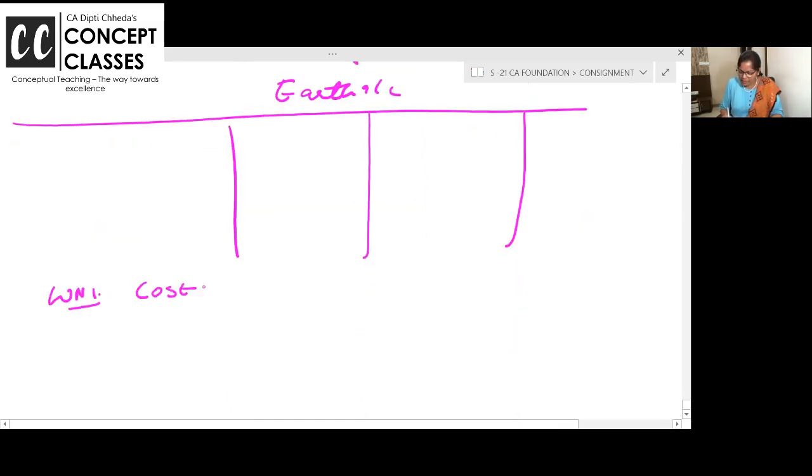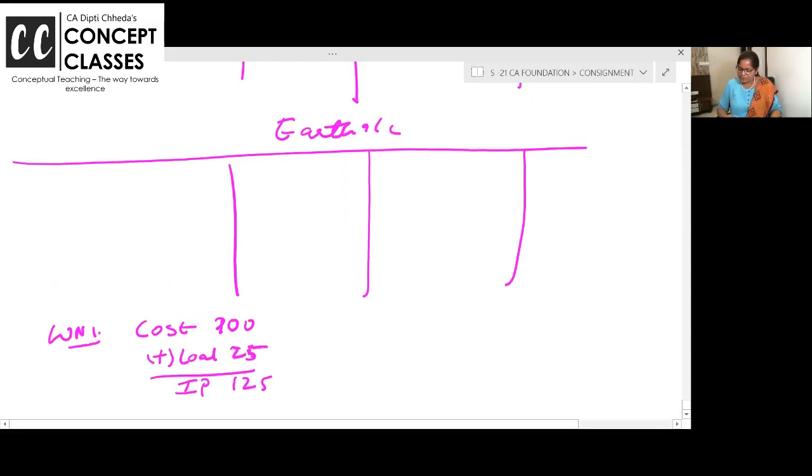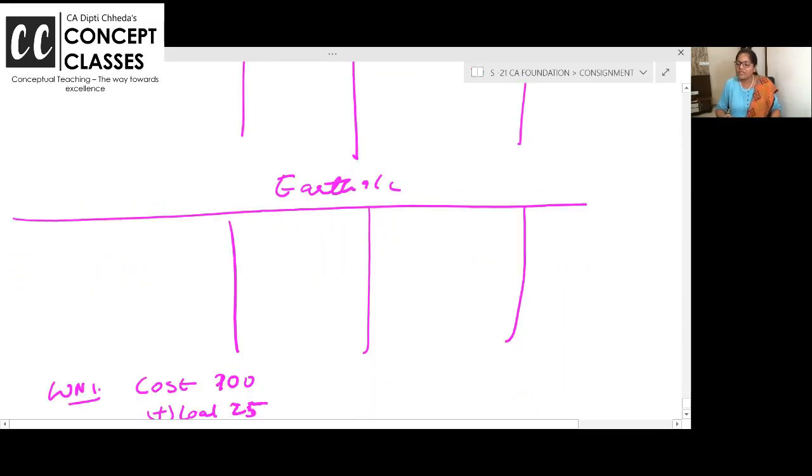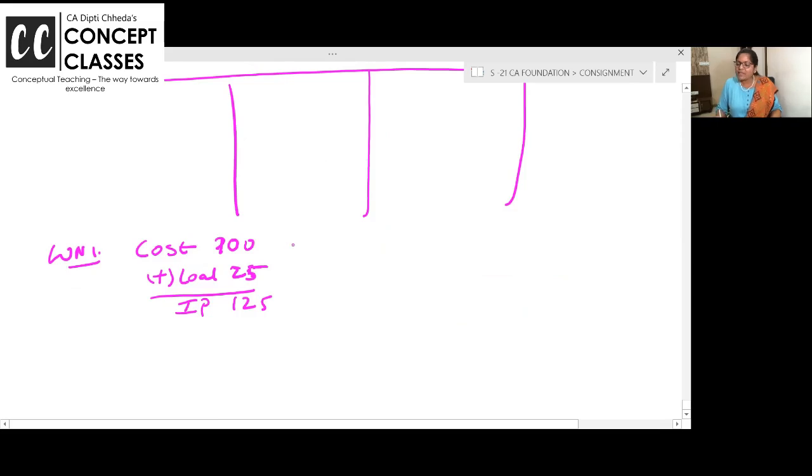Goods are sent at cost 100 plus loading 25, invoice price 125. Write it. Anyone in the class is having any doubt, then ask please. Chalo. First, goods are sent 10,000 units at 25. 2,50,000. Goods consigned at 10,000 into 25.